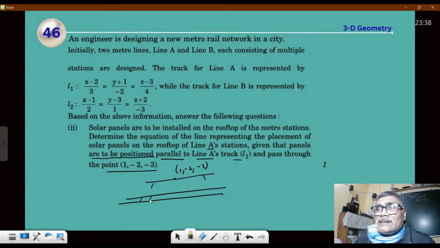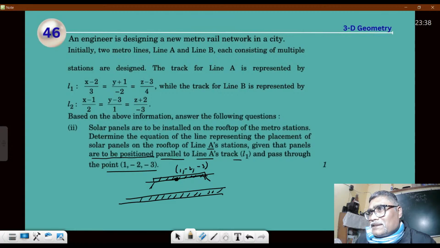Below it trains are running, and here you are going to place the solar panels passing through this point, and this line should be parallel. Very easy. This point is there. As these lines are parallel, you can use the direction ratios of this line for this.